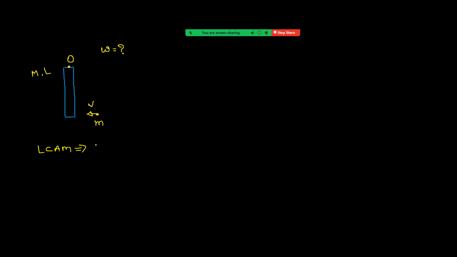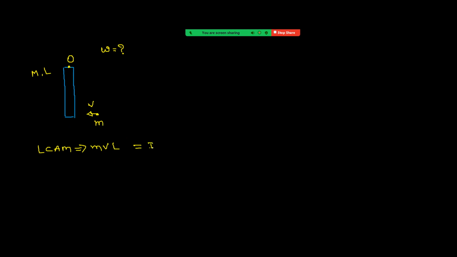Now see here, m into v into L, because it is about point O. That is before collision. Coming to after collision, now the particle sticks to the other end. Now we write I into omega.